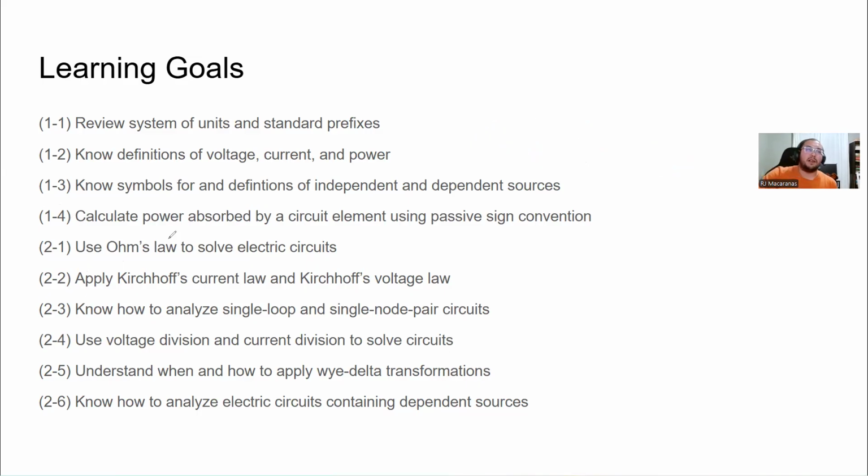Learning goal 1.1-4 is looking at power absorbed using passive sign convention, right? That's the idea where when I'm analyzing power in a circuit, I'm always considering the current to be going into the positive terminal, right? And so in this sense, it's absorbing power.